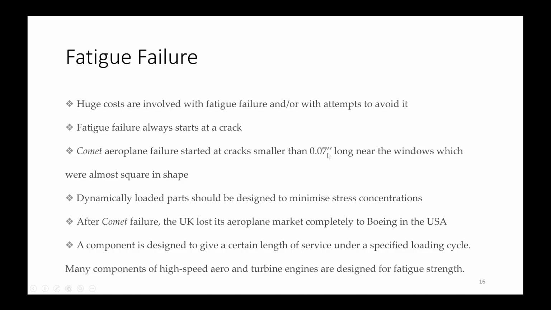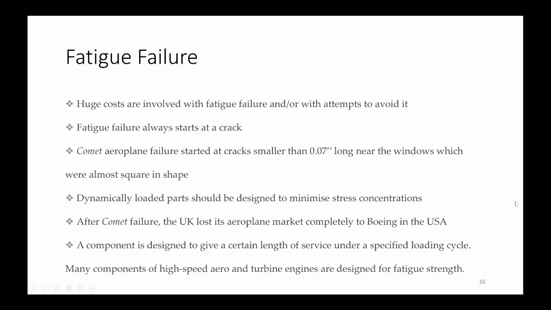These windows were very square, which led to initiation of a crack more easily compared to a round shape. So dynamically loaded parts should be designed to minimize stress concentrations. And after this Comet failure, the UK lost its aeroplane market completely to Boeing in the USA.